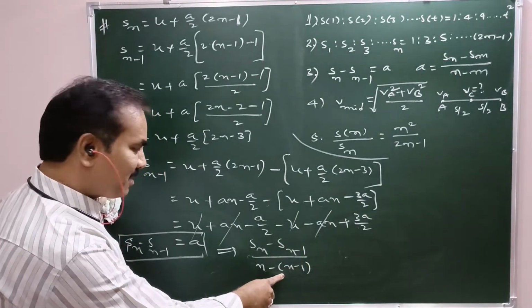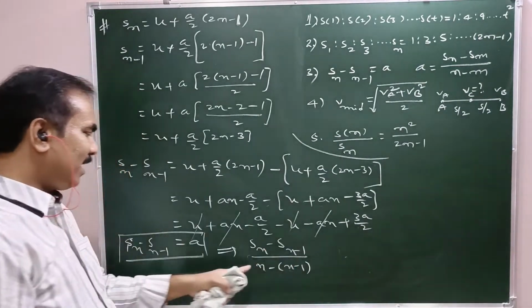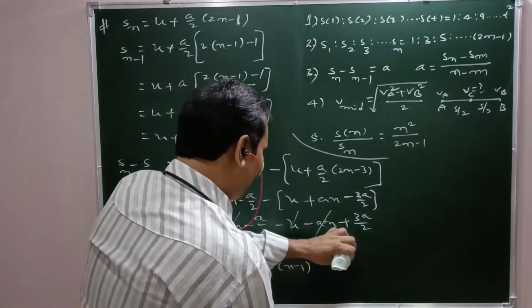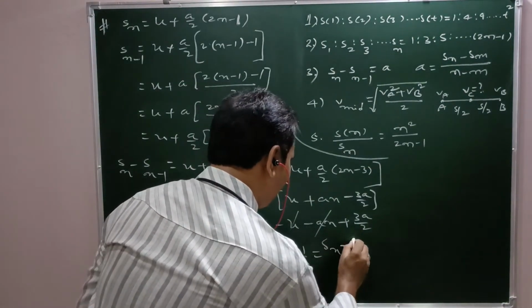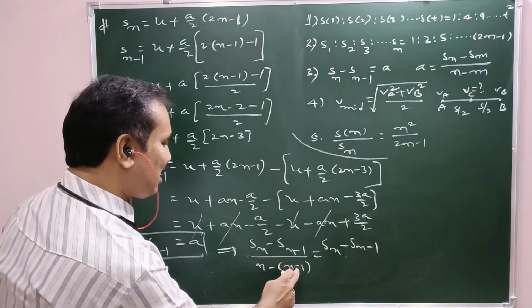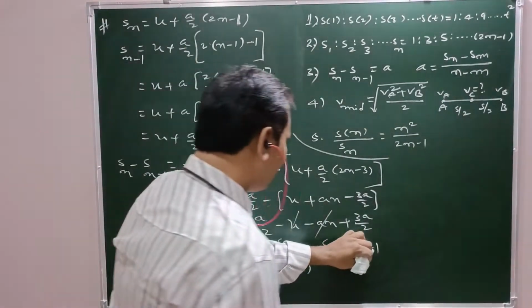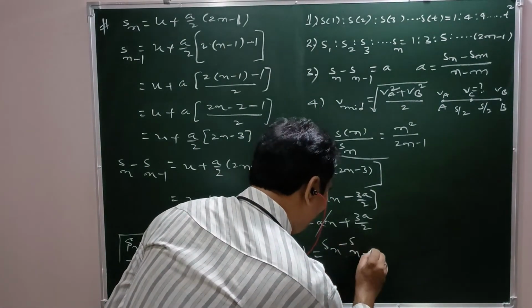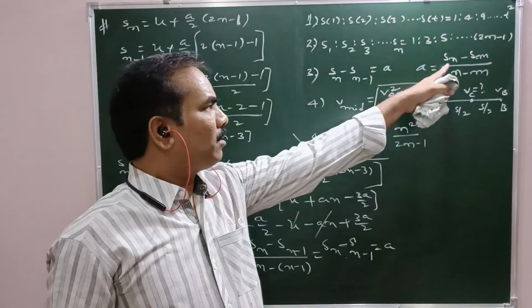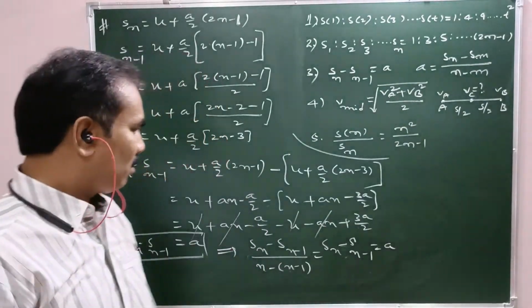N minus n cancels, minus or minus plus 1, that is 1. So Sn minus Sn minus 1 by 1, which is equal to acceleration.